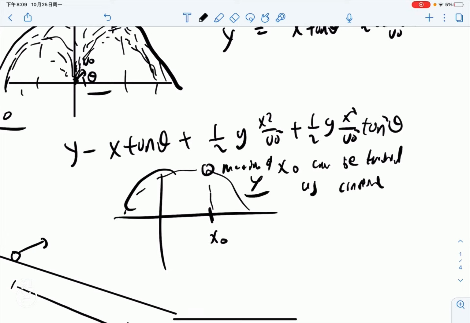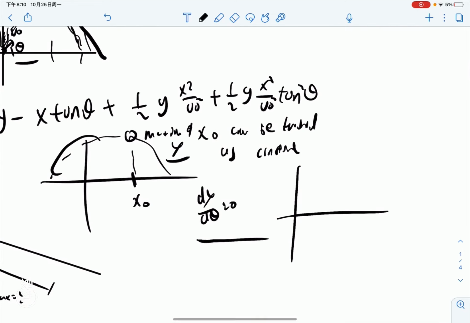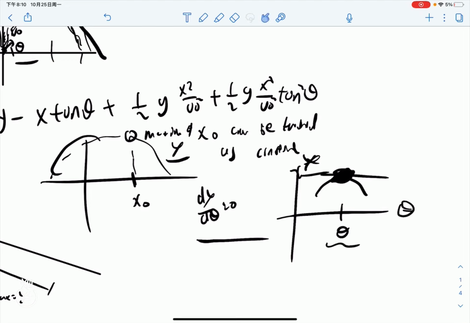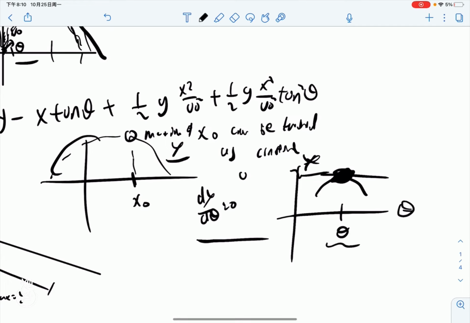You take the derivative, where dy d theta is equal to 0. You will find the maximum point of the theta versus y graph where you can reach the y maximum. At this point, the derivative is 0 for a certain x value.